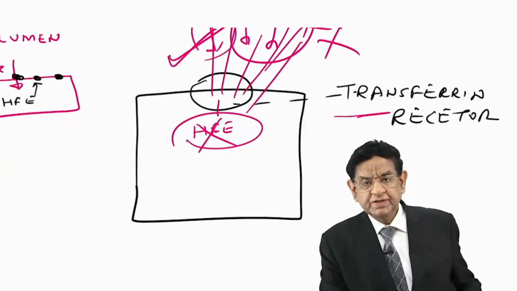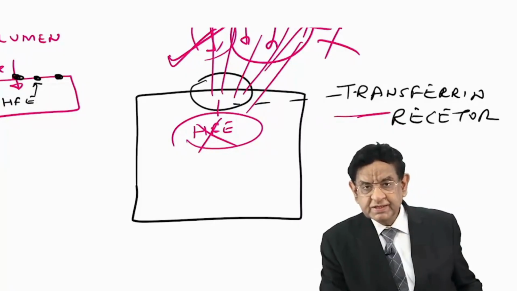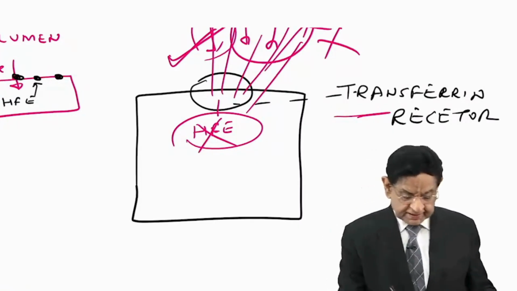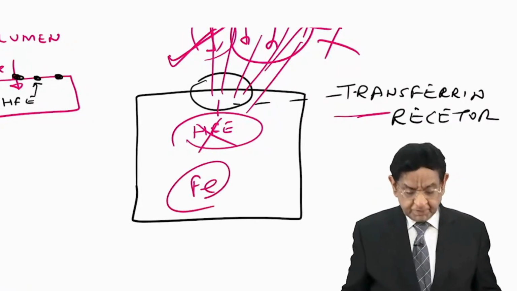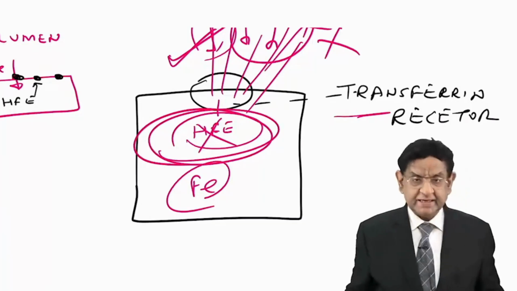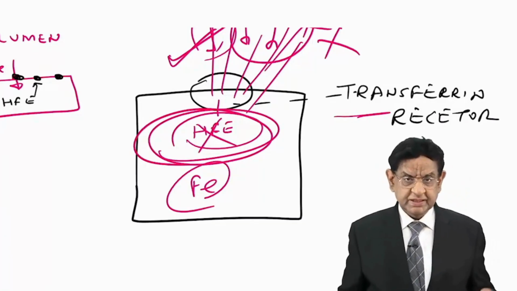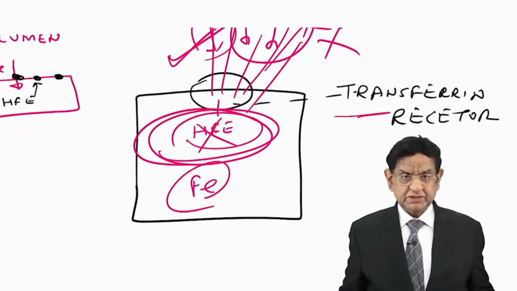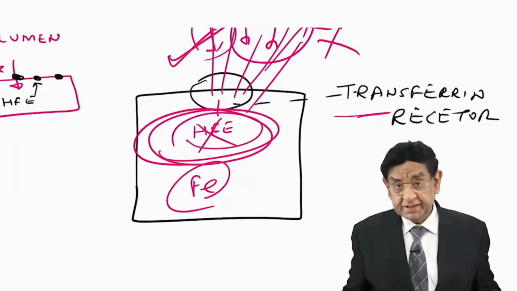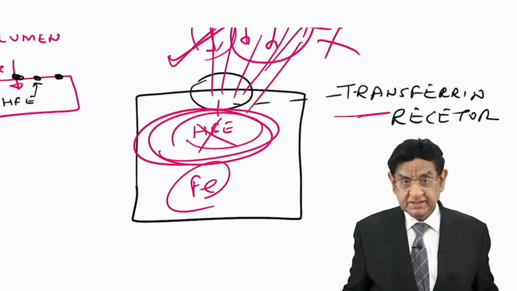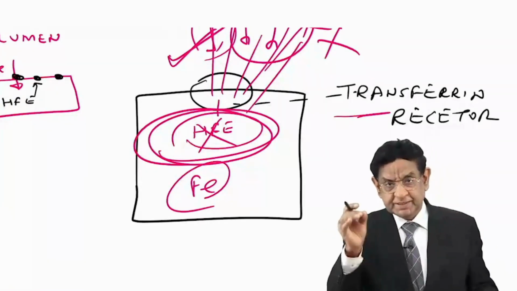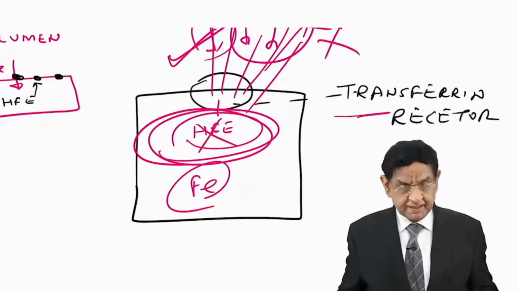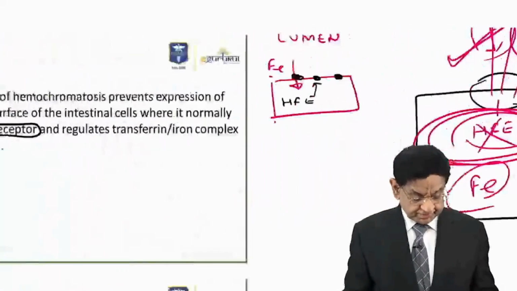An excess of people will come in, that means excess of iron will come in. But what happened to this gentleman in hemochromatosis? The gene controlling this got mutated. Mutation occurs, and that's why iron is coming in. The problem is excess of iron absorbed. I hope you understood the meaning.